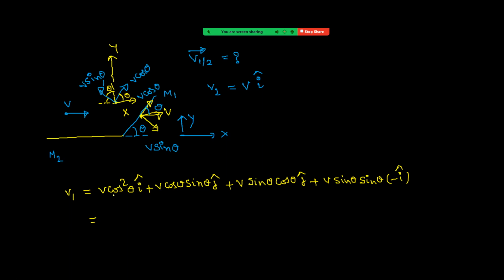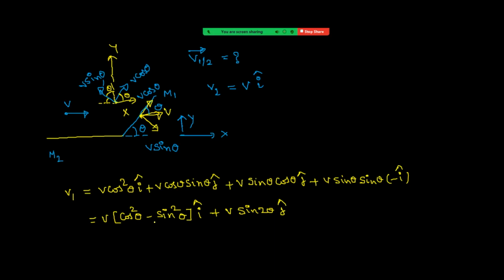So it is equal to v cos square theta minus v sin square theta. So I am writing here v into cos square theta minus sin square theta i cap, right? Plus v cos theta sin theta, v cos theta sin theta, it is 2v sin theta cos theta, or this is taken as v sin 2 theta j cap.